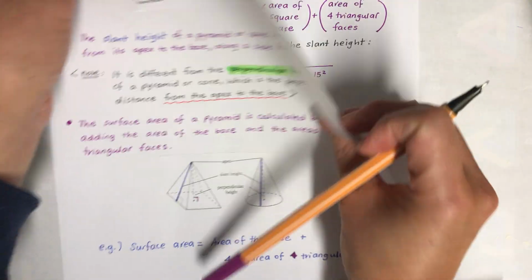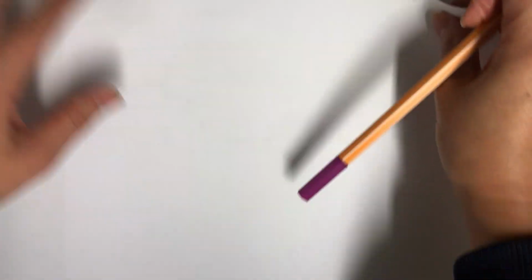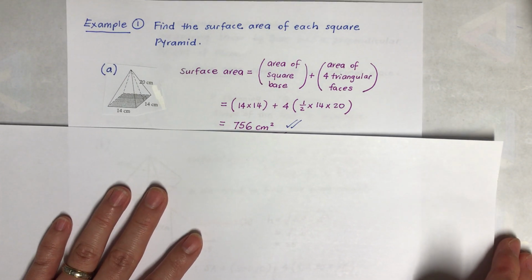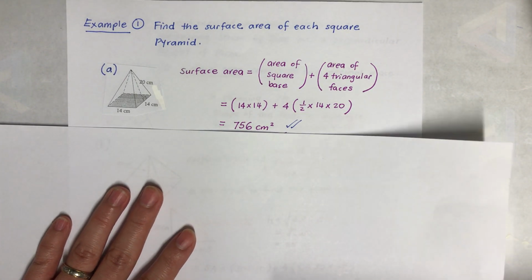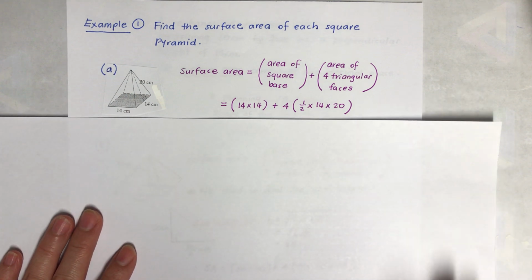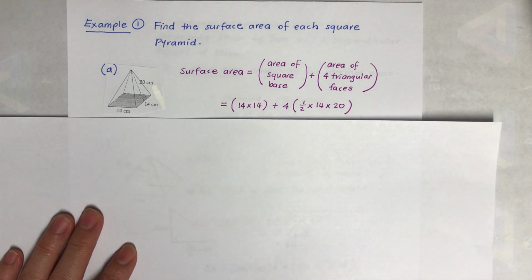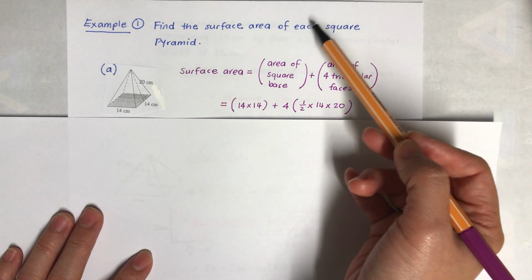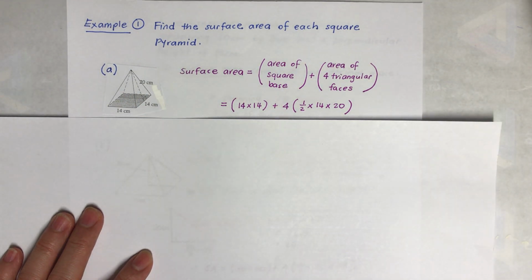Okay, so it depends on the shape of the base. All right, so let's have a look at the example. The example says find the surface area of each square pyramid. Now this is a square pyramid, so that means the base shape, the polygon, is a square. They name the pyramid according to the shape of the base.